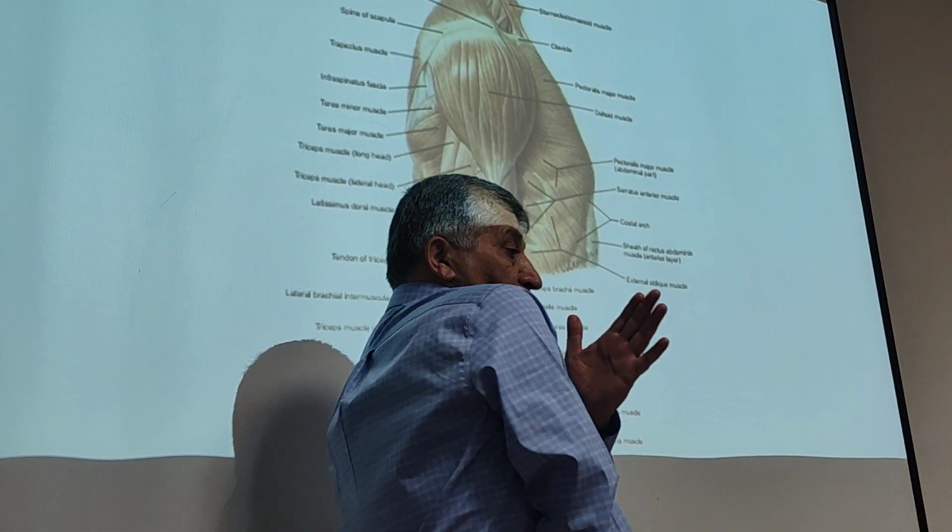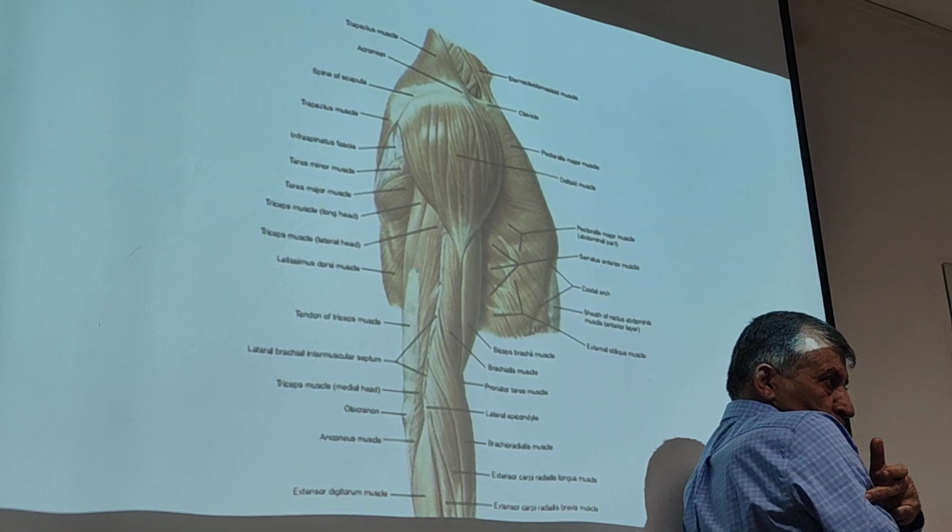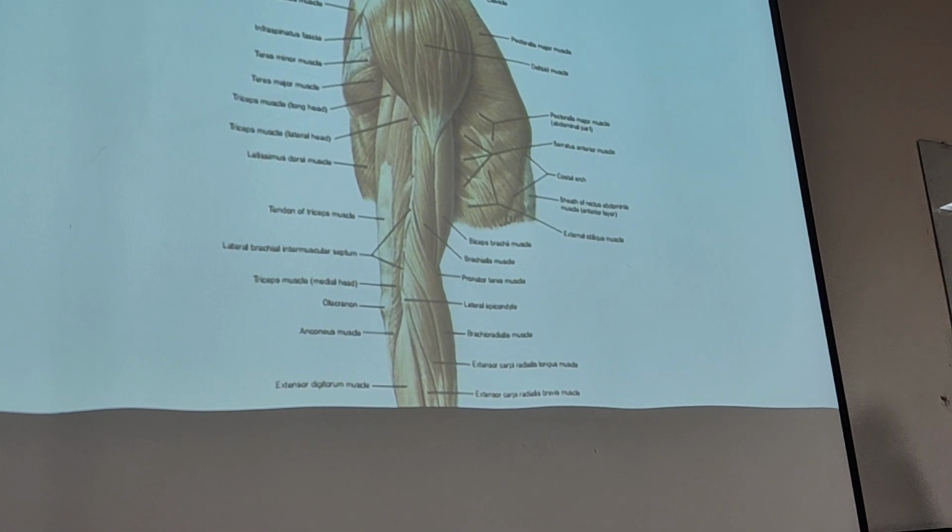This muscle inserts into the deltoid tuberosity, at the midpoint of the humerus.